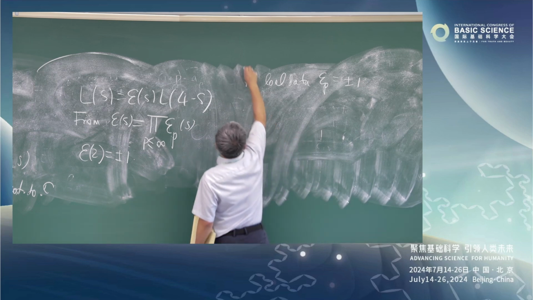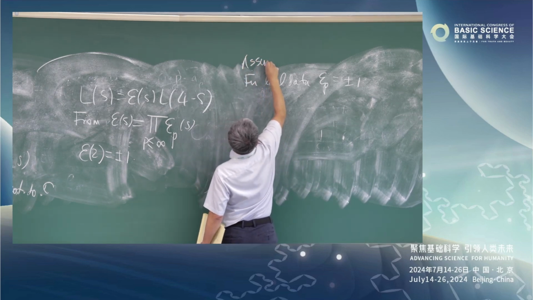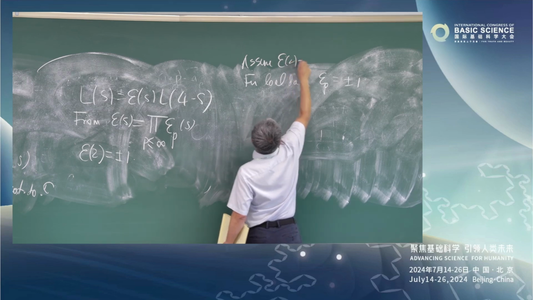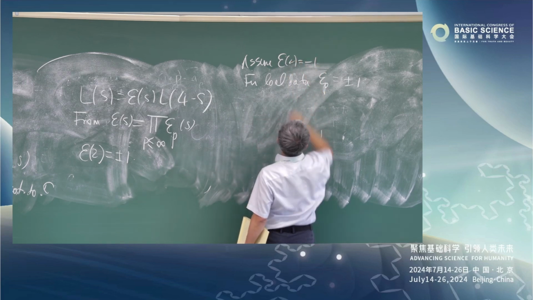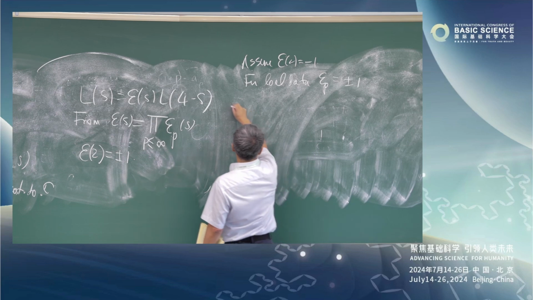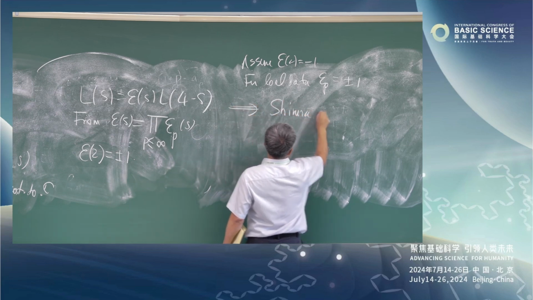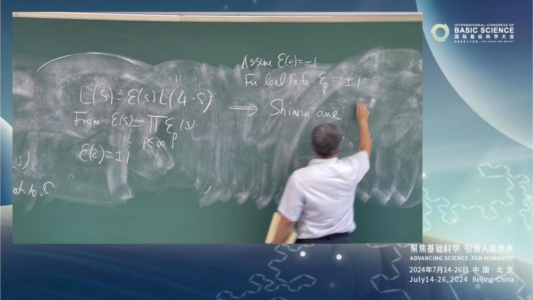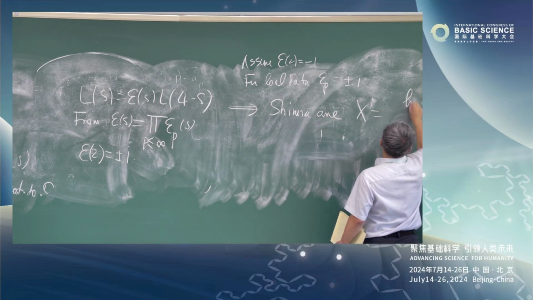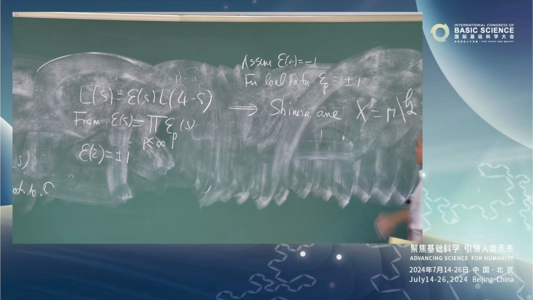So let's assume the global one is minus 1. Then you will get a Shimura curve X. A Shimura curve is very similar to a modular curve, the only difference being that it is defined by quaternions.